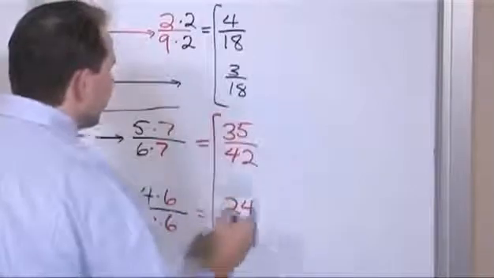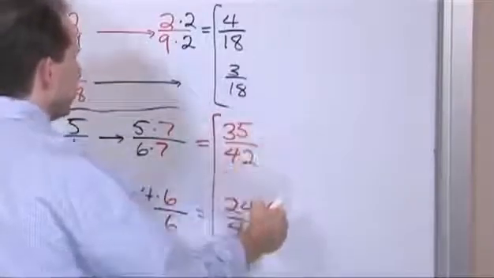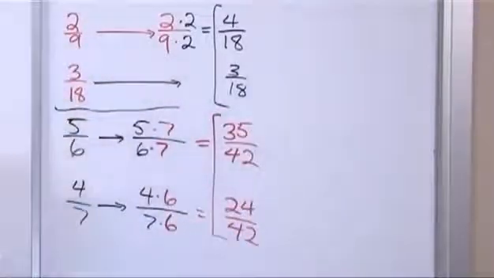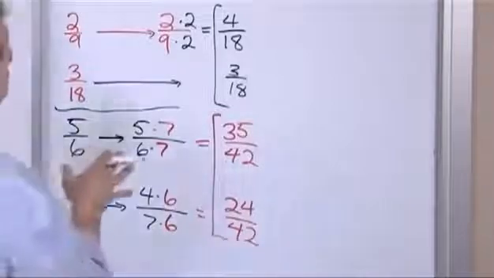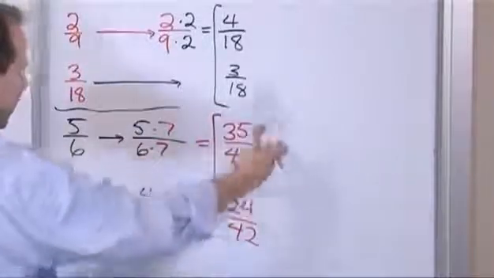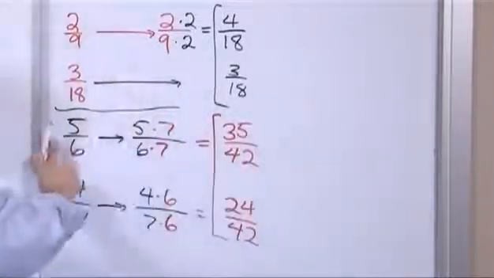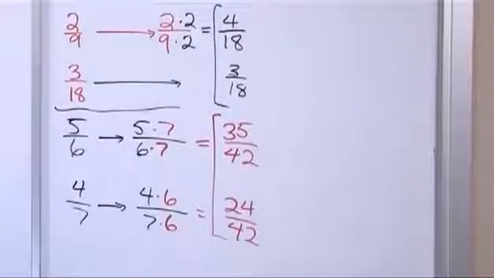So notice these two fractions, 35/42, 24/42. These two fractions look crazy, but they're exactly equivalent to these fractions that I have here as far as representing the same amount of pizza. All right, but in this case I had to work with both of them.